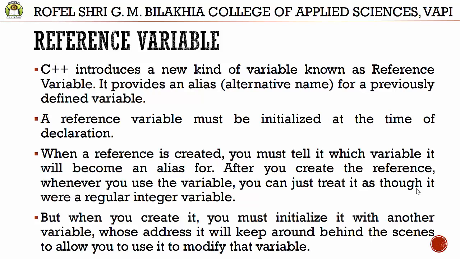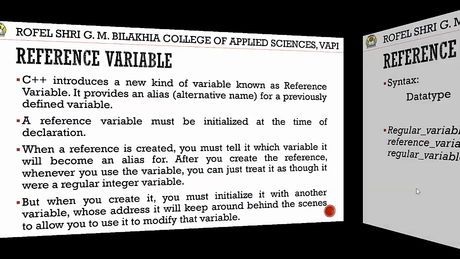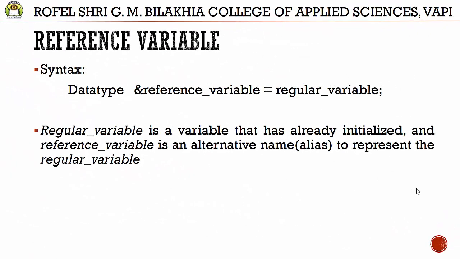The variable whose alias or alternative we want to create must be initialized. It keeps that variable's address around behind the scenes to allow you to use it to modify that variable. Now let us see the syntax of reference variable.